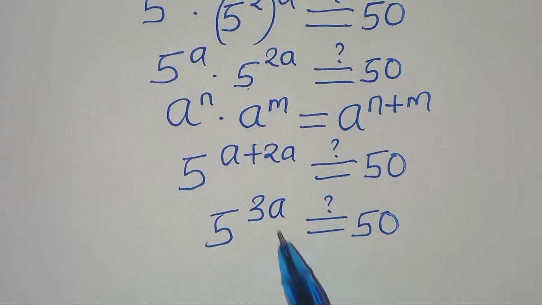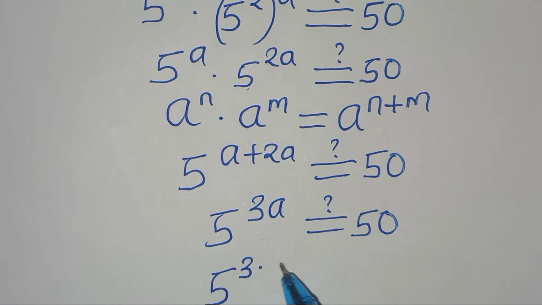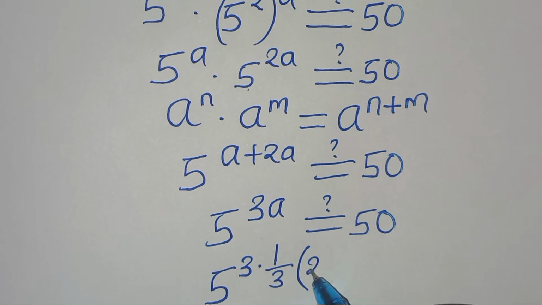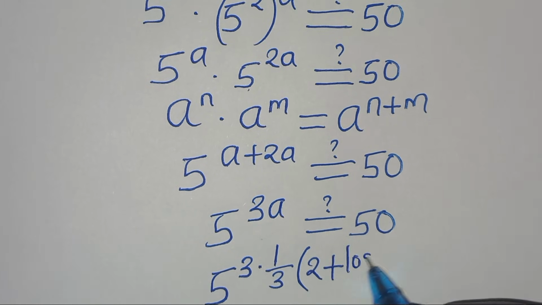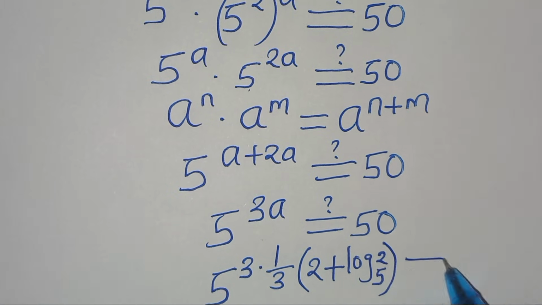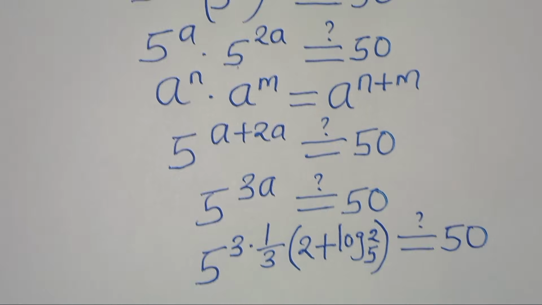So the next step is to substitute the value of A, so that we have 5 to the power of 3 multiplied by A, which is 1 over 3, into the parentheses 2 plus log 2 to base 5. This is supposed to give us a value of 50.